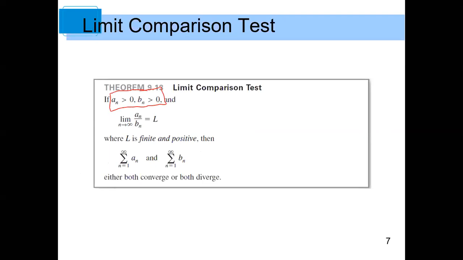And by the way, L has to be finite and positive, right? So L is the limit of these things. L has to be finite and positive. Then it turns out that both of those series will have the same behavior. Does that make sense? The series will have the exact same behavior.